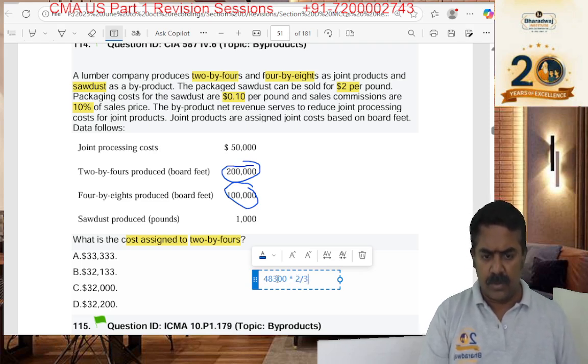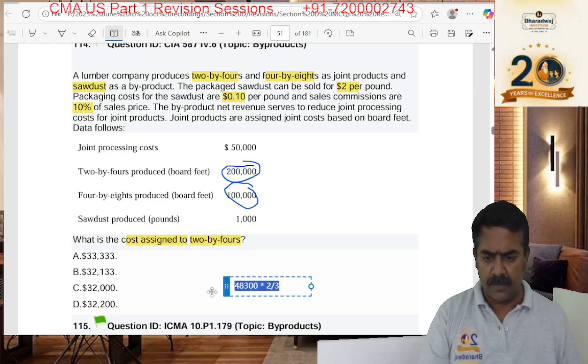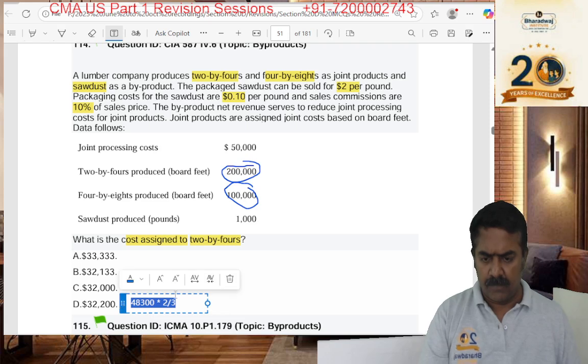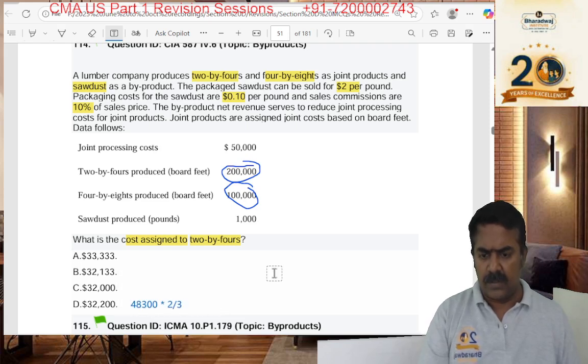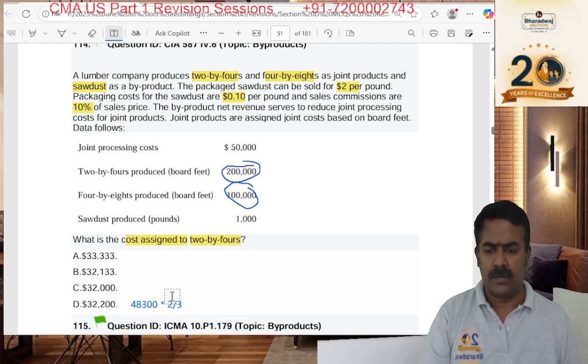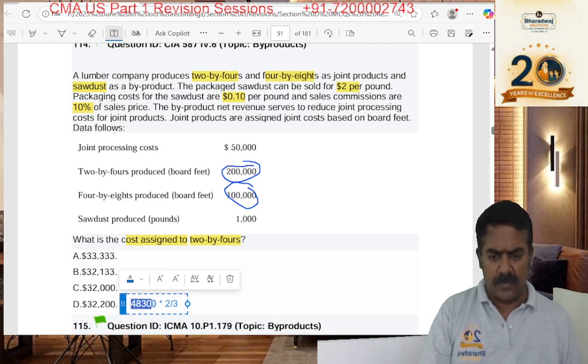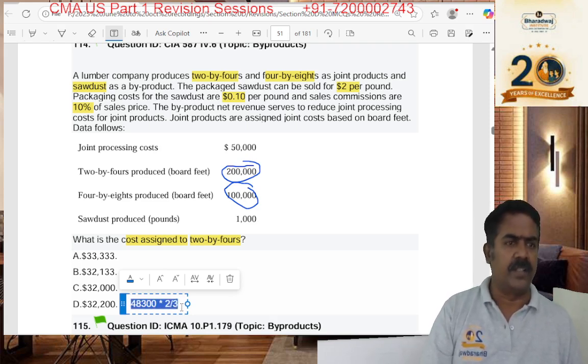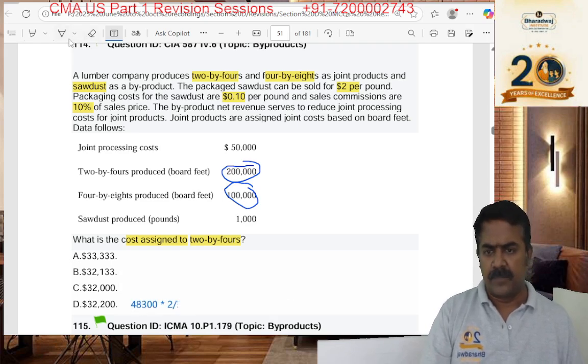How much will it be? 32,200. Just take 48,300 into 2/3, only 2/3. 32,200.